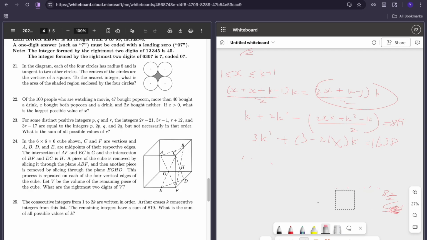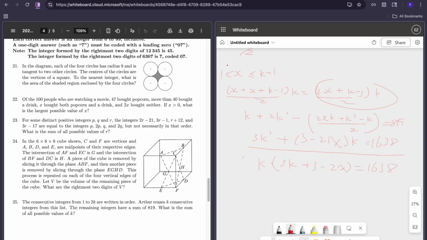Instead of doing that, we just analyze this equation by factoring it. So k times 3k plus 3 minus 2x equal to 1638.